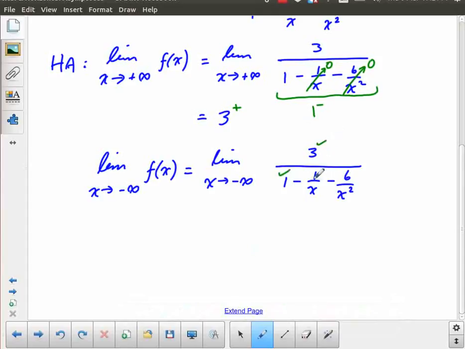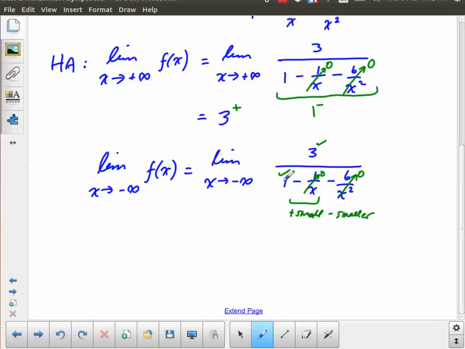Now this is where things get a little bit more interesting because this approaches 0, but because this is to negative infinity, this turns into essentially a plus, right? It's minus a negative number. So this becomes plus a small number. And now this thing approaches 0, but because this is negative getting squared, this whole thing is actually a positive number. So this becomes minus an even smaller number.